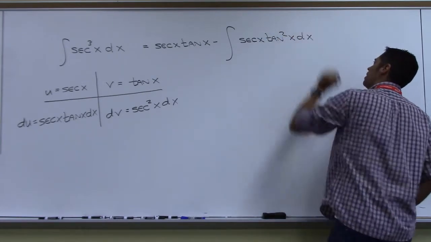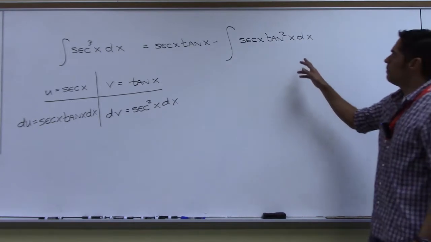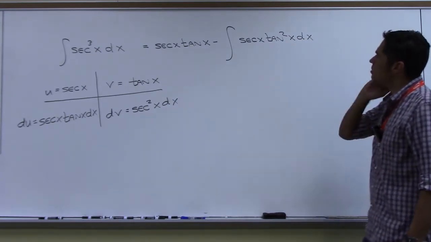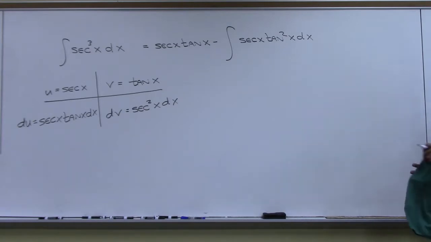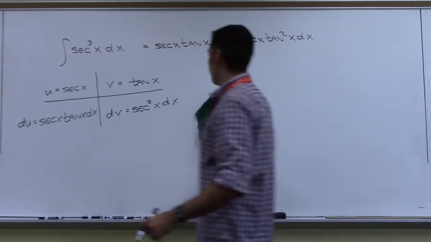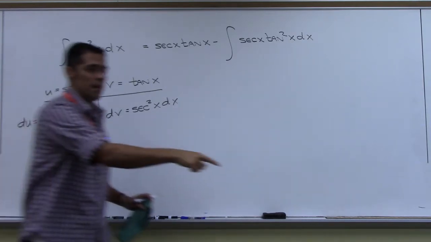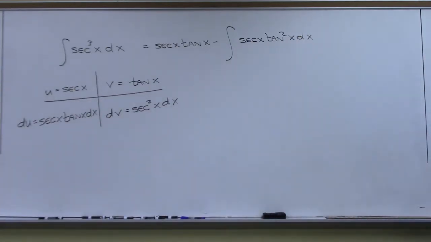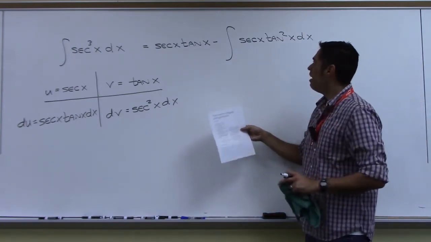It doesn't appear that that got any nicer, did it? Does that appear that that got any better? But you get tangent squared. Does this fall into our methods? No, because the method said if secant was even, we had something to do, or if tangent was odd, and I don't have that.